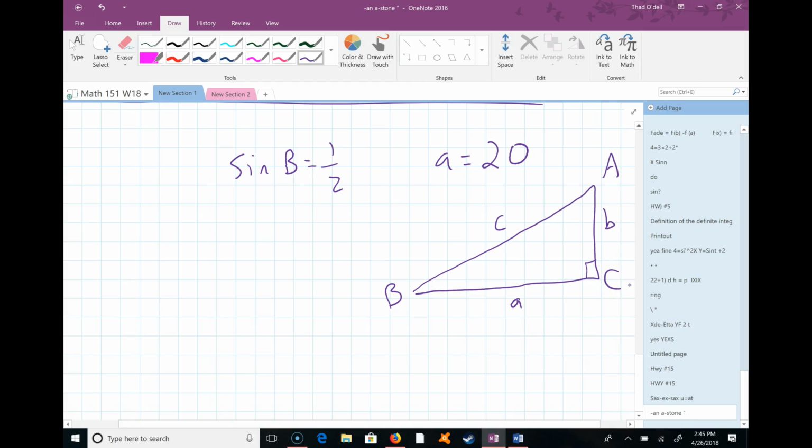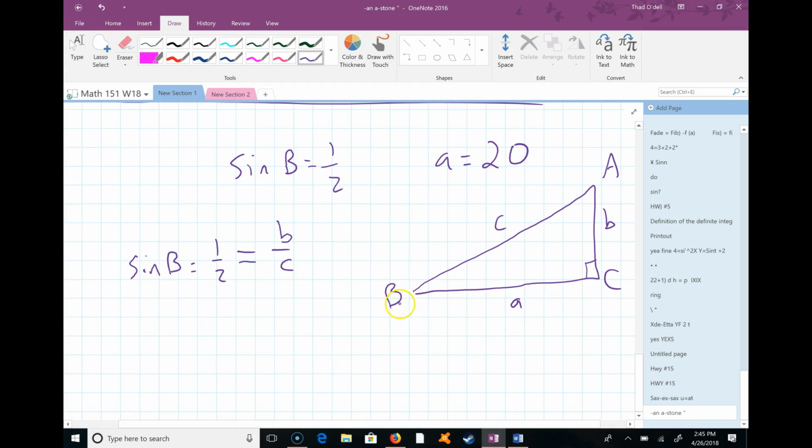Okay, so what they're telling us is that since sine of b is equal to 1/2, that does not mean that the opposite is 1 and the hypotenuse is 2. It means that the ratio of the opposite to the hypotenuse is 1 to 2. So what we can say is that sine of b is equal to 1 over 2, which is also equal to b over c, because that's what sine of b means.